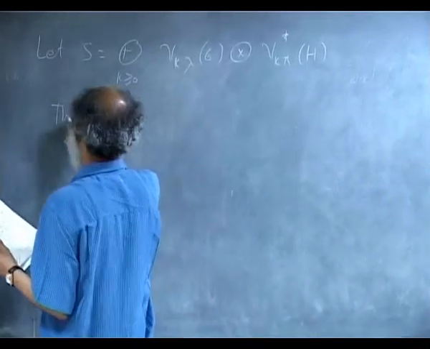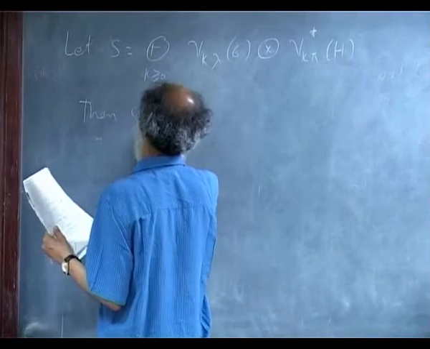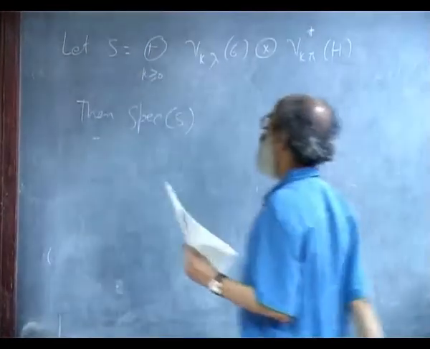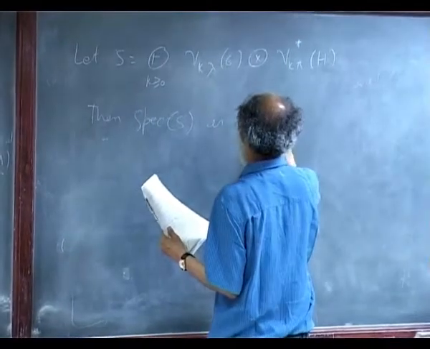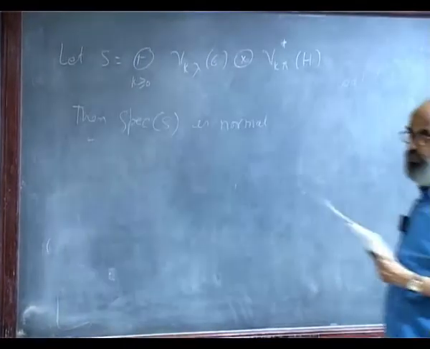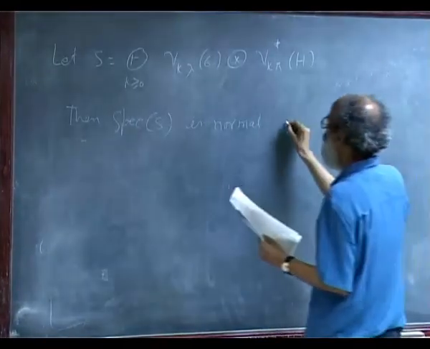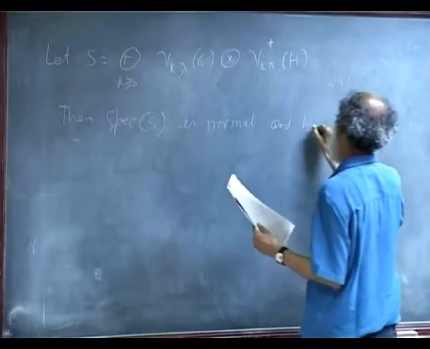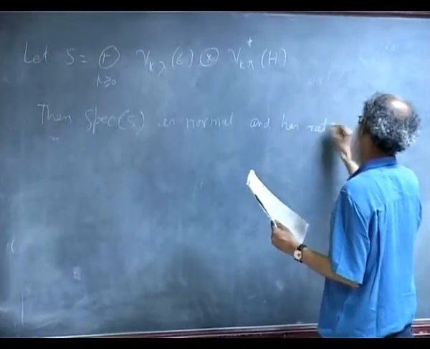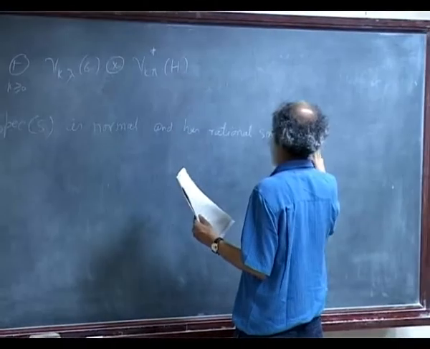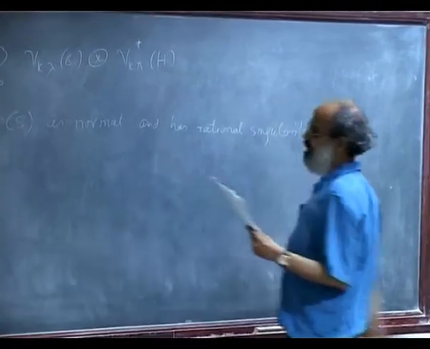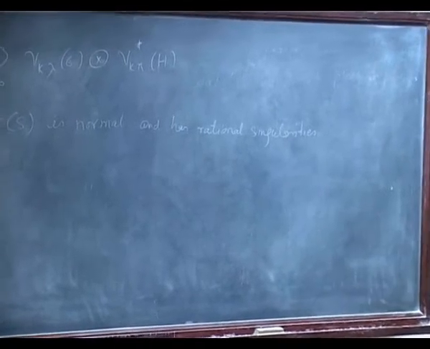Then Spec of S, the Grothendieck spec of S, is normal, that is, the singularities are normal and it has rational singularities. Okay. So why is that the case?